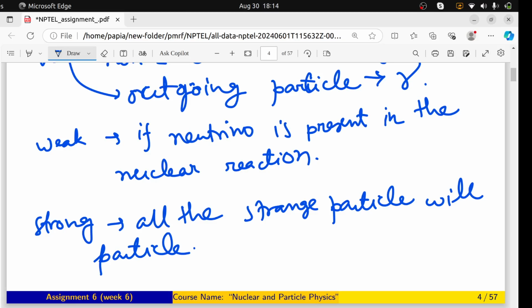Most of the cases, not all, strange particles participate in strong interaction. And for strong interaction, the main criterion is that delta S should be 0. So we have to check that also.